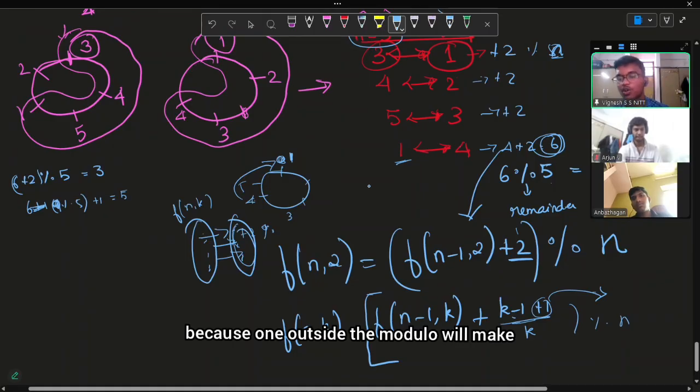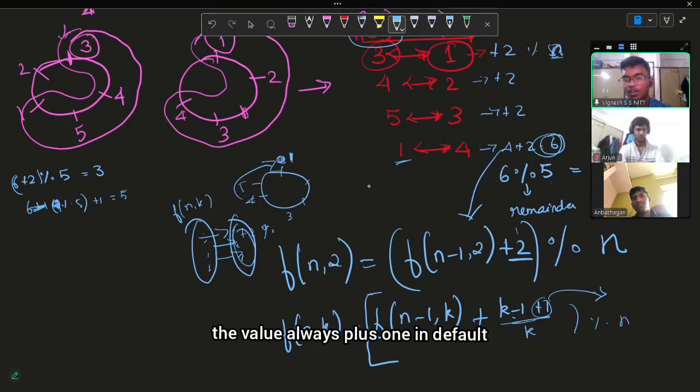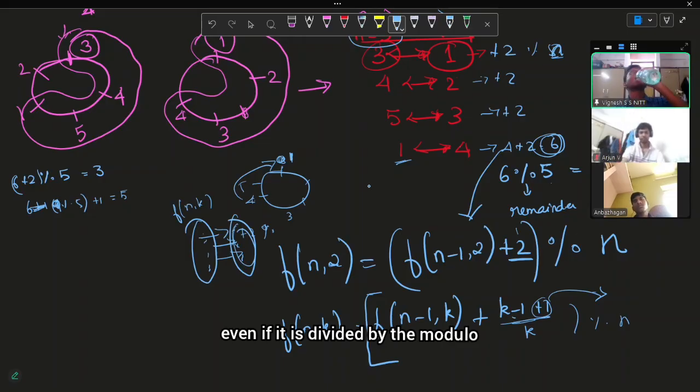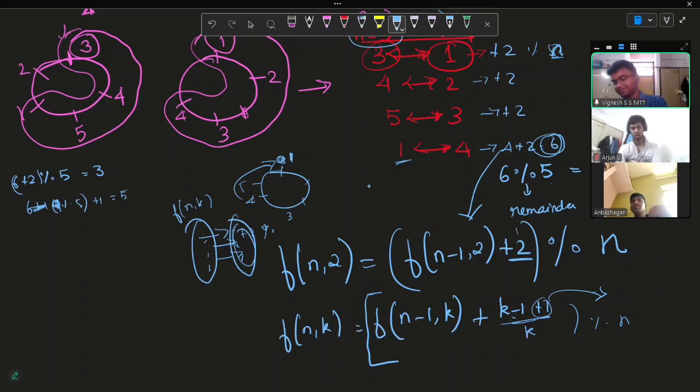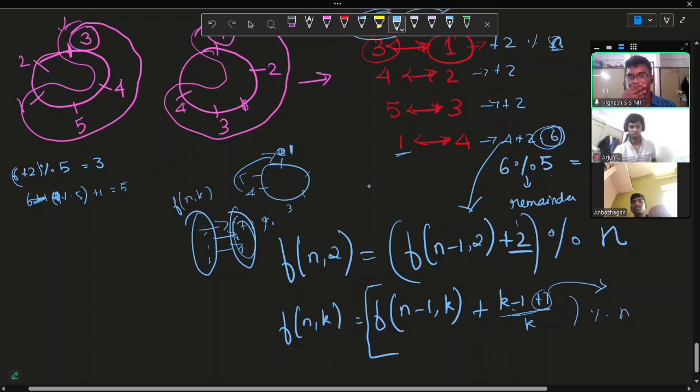Because 1 outside the modulo will make the value always at least 1 by default, even if it is divided by the modulo. So that's one problem with modulo.